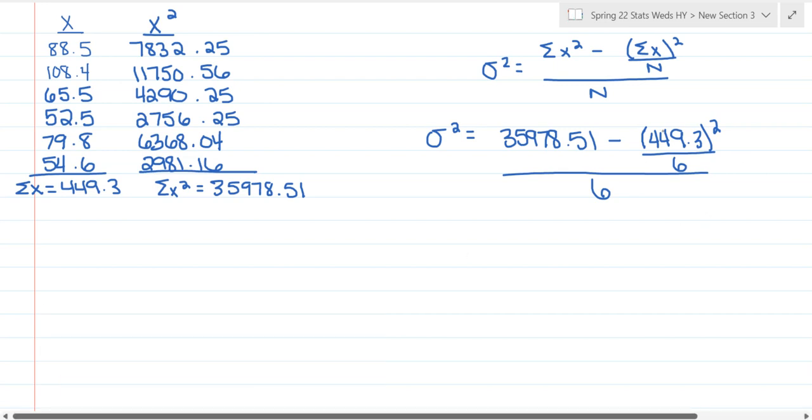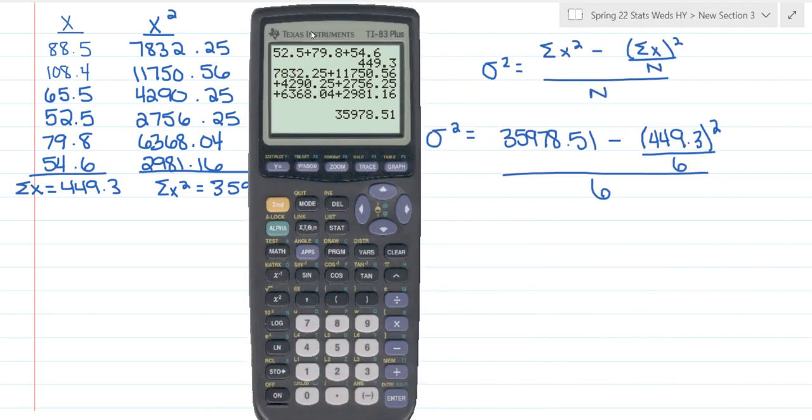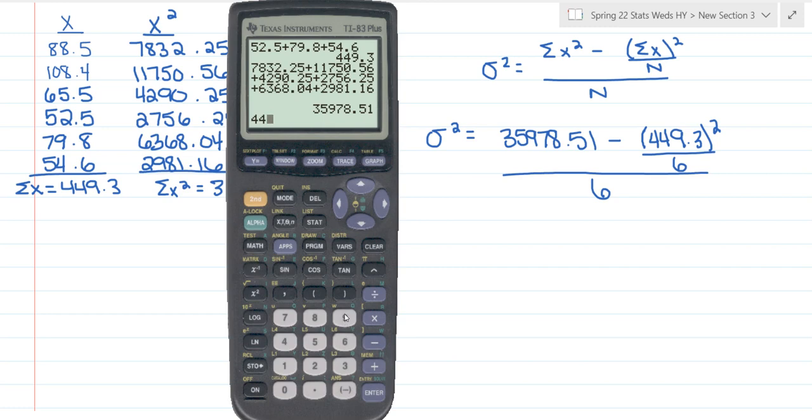So once we get those values in, that's just algebra. So parentheses, exponent. So I do 449.3 squared first. So 201,870.49. I can write that down.